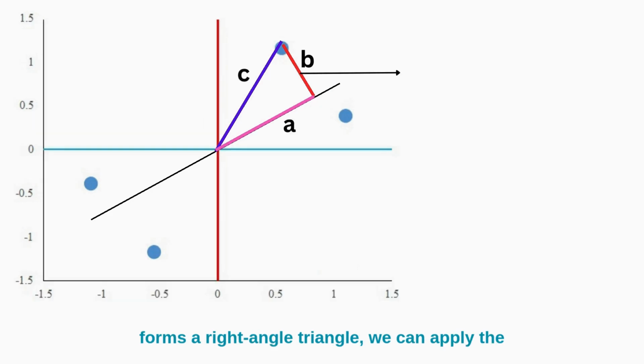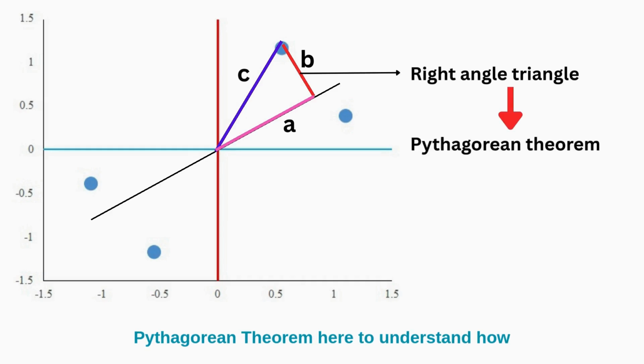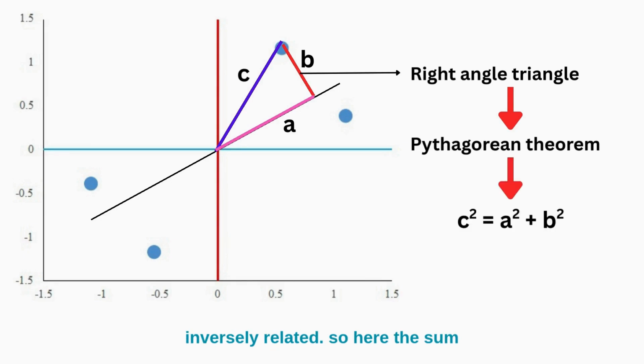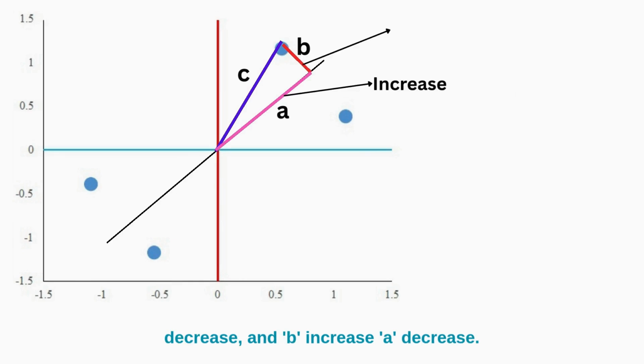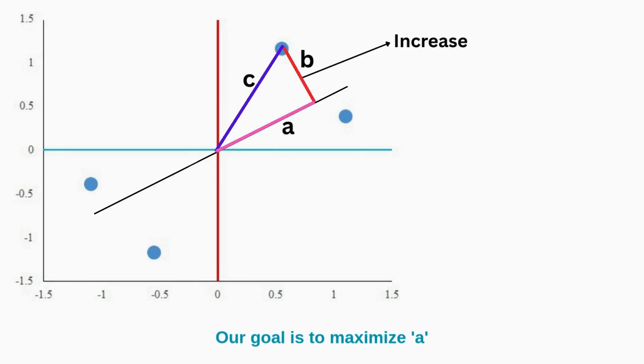Since this forms a right angle triangle, we can apply the Pythagorean theorem here to understand how explained variance and error are inversely related. So here the sum of a square and b square is equal to c square, and a, b are inversely related. That means when a increases, b decreases, and when b increases, a decreases.